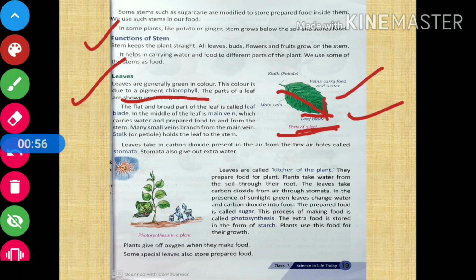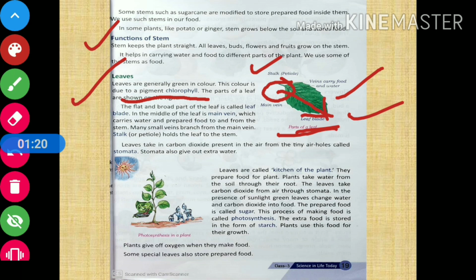These veins carry food and water to and from the stem. The part of the leaf that holds the leaf to the stem is called the stalk. So these are the parts of a leaf: main vein, leaf blade, stalk.